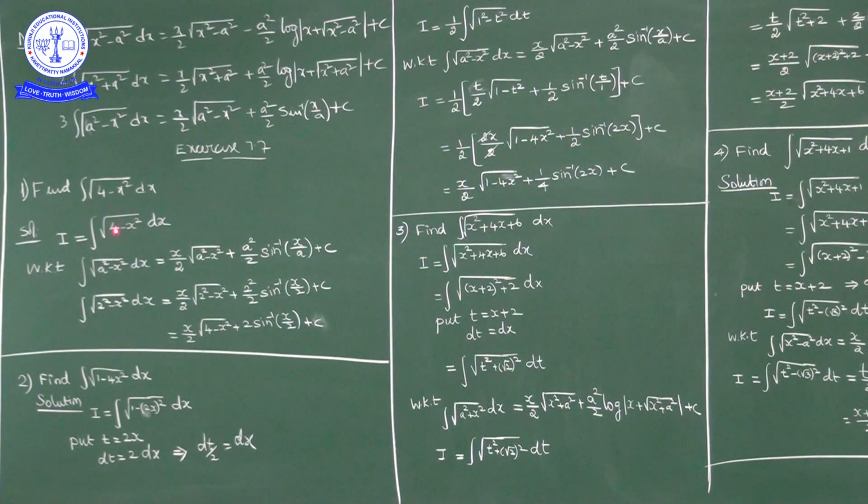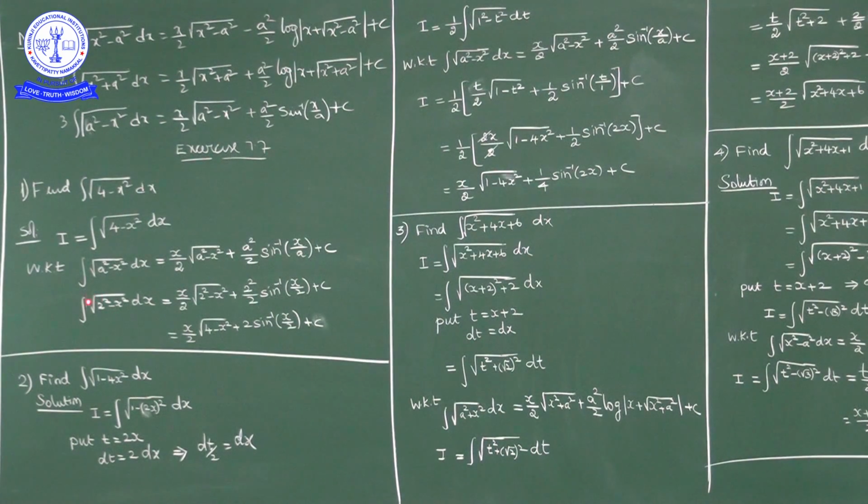4 we can write as 2 square. So integral of square root of 2 square minus x square dx is equal to, now if you compare these two formulas, x square, a square, 2 square. So in place of x we will write x, in place of a we will write 2.